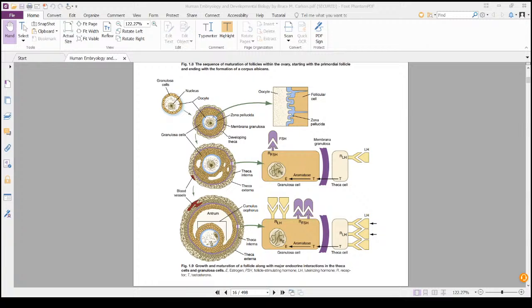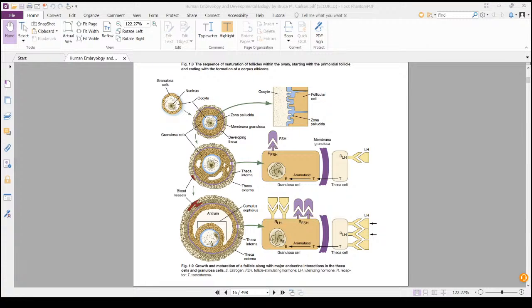Now, an oocyte with more than one layer of surrounding granulosa cells or follicular cells is known as a secondary follicle. You can just look at this image, more than one layer of follicular cells is present, so it is known as the secondary follicle.